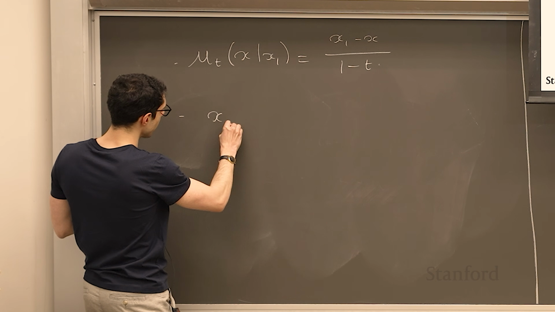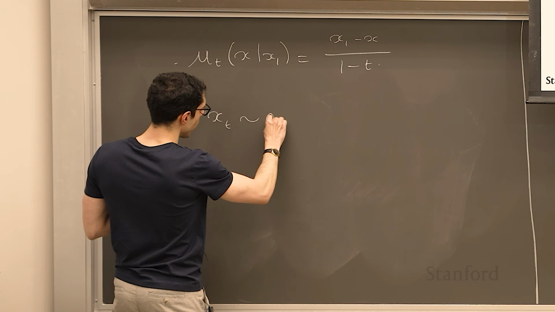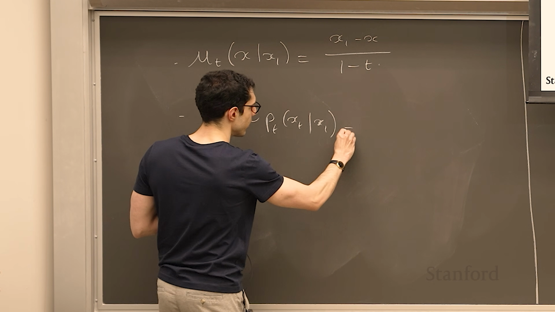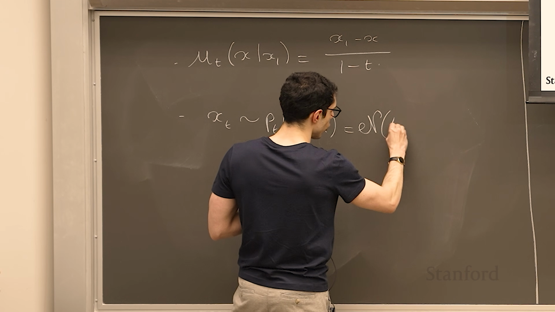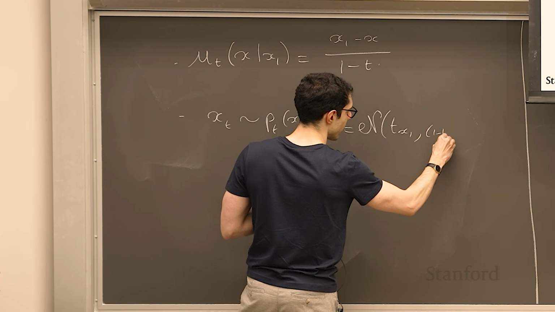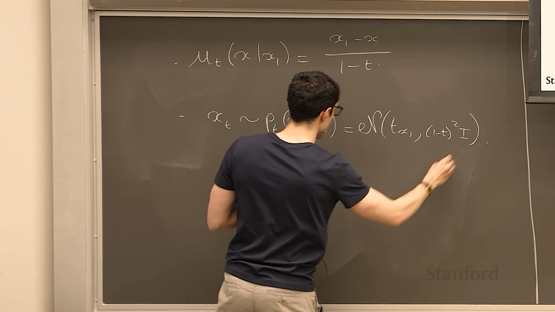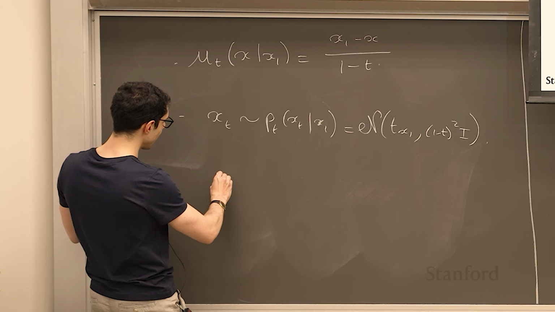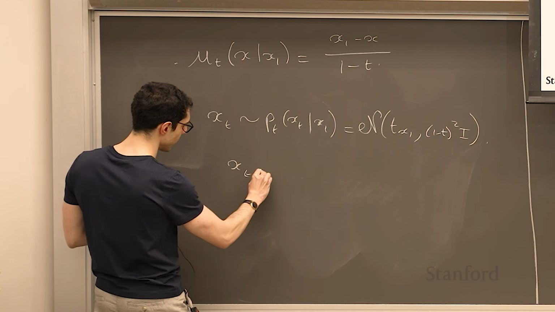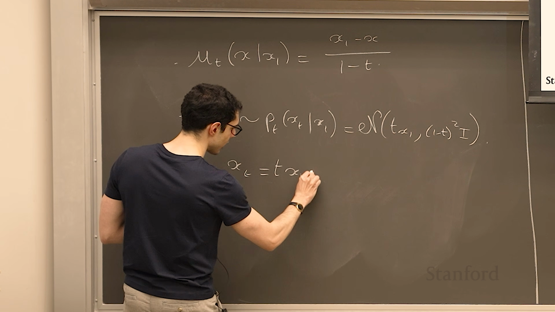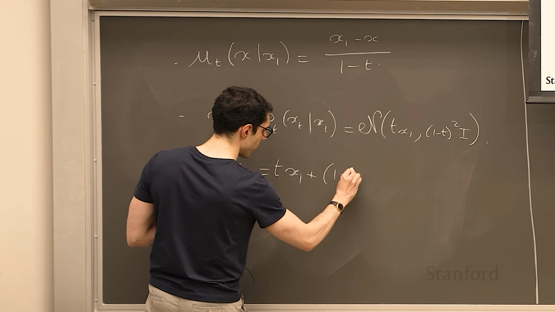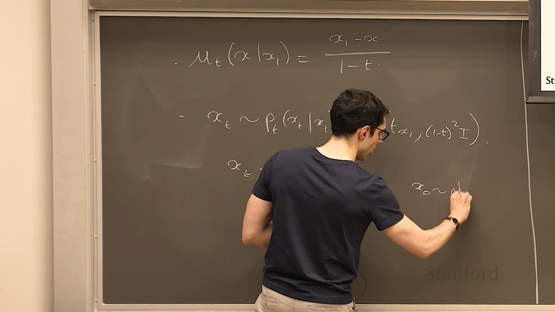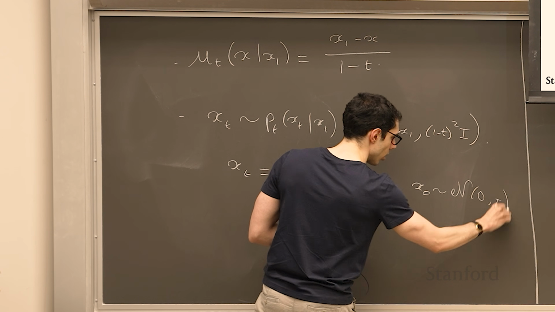If xt is drawn from that conditional probability path, which as a reminder is a normal distribution of mean tx1 and 1 minus t squared I, that means that you can express xt as follows: tx1 plus 1 minus t x0, with x0 drawn from a normal distribution.